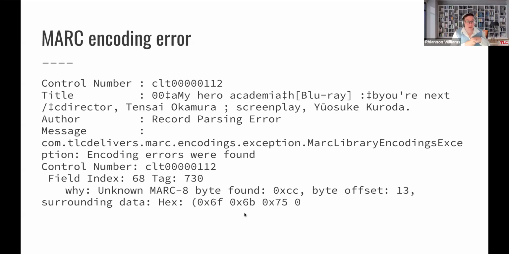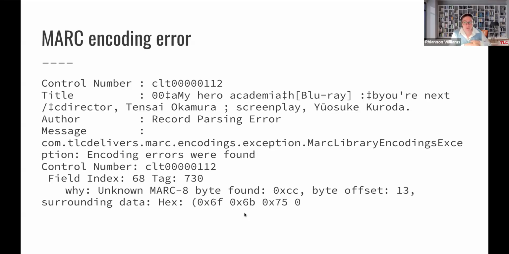So it's not in UTF, so it's not using Unicode, but there is a Unicode character in a MARC 8 record, and it totally confuses the system. And this happens in all kinds of MARC editors. It's not unique to LS2 cataloging. This is a known issue with the growing pains of moving from MARC 8 to Unicode.